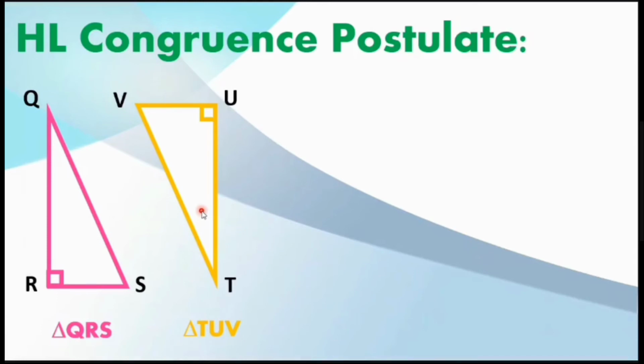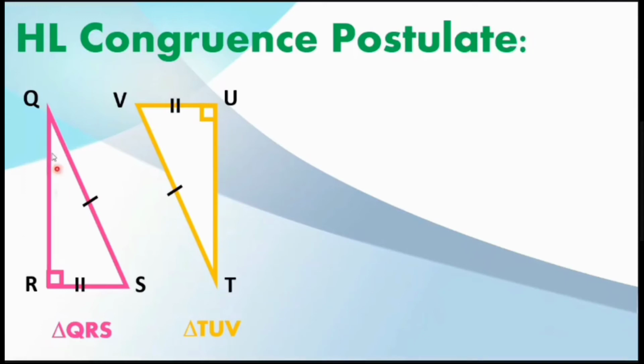How did we know that the two triangles are right triangles? Because of this mark here. This symbolizes that the two triangles are right triangles, meaning this angle here is 90 degrees and also this angle here is 90 degrees. Okay, suppose we have two marks on these two triangles.